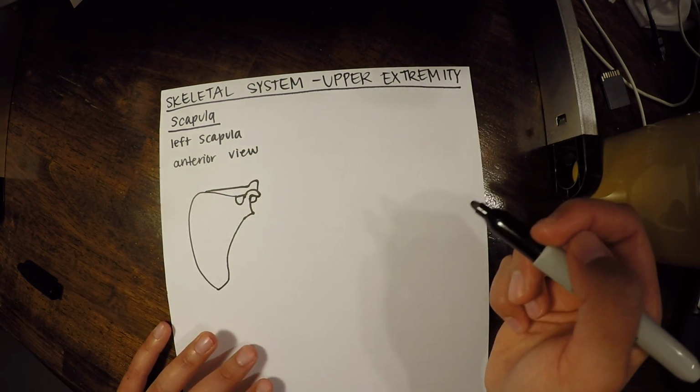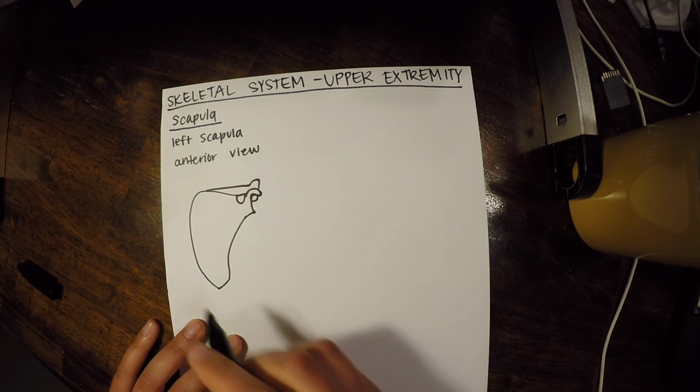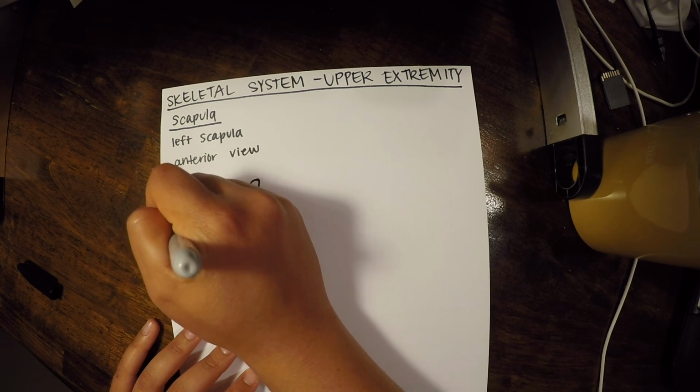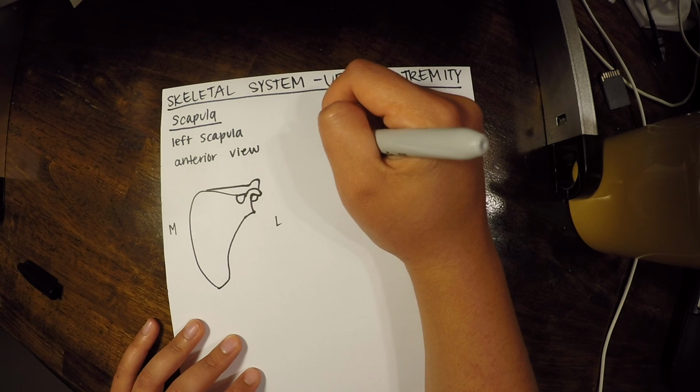Alright, so that's our anterior view. Since we're looking at the left scapula, the front of it, this is going to be medial and this is going to be lateral.